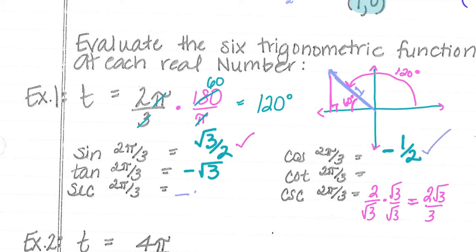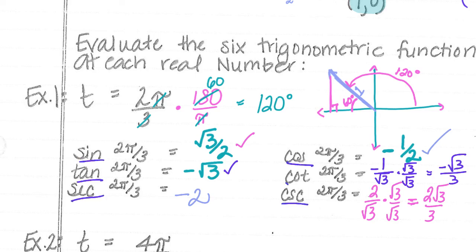Well, that's fun, negative 2. The flip of tan is the cotan, negative 1 over root 3. Yes, I have to rationalize. And my answer is negative root 3 over 3. Now, typically, I like it to be in sine, cosine, tan, cosec, sec, cotan order, and that's probably how most of them will be set up.